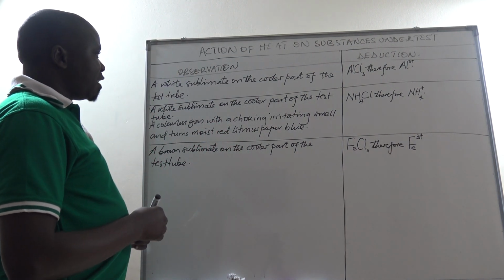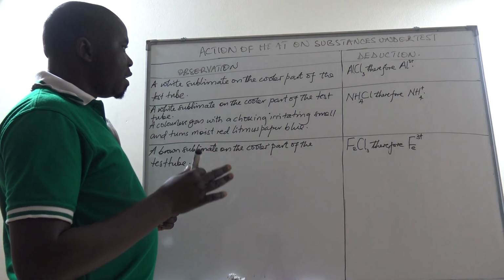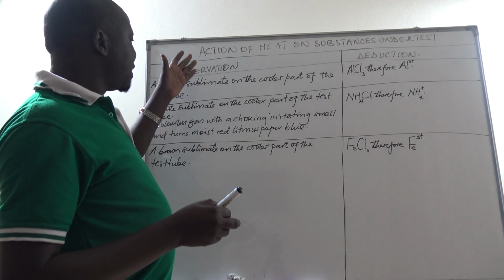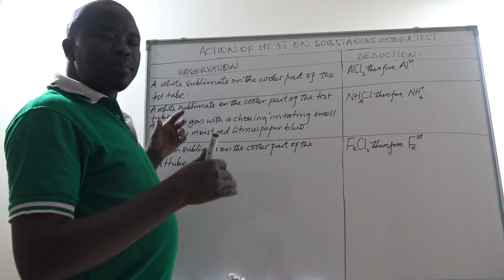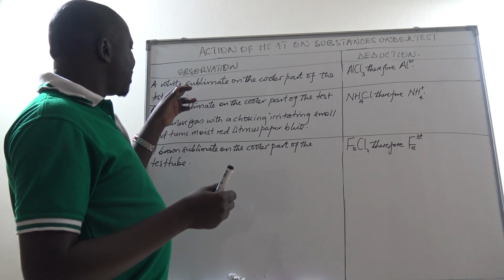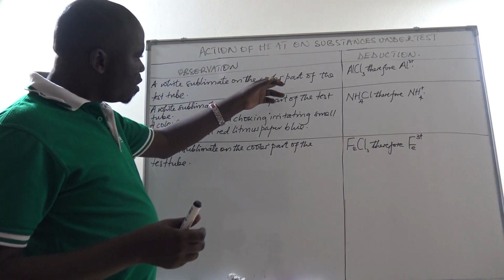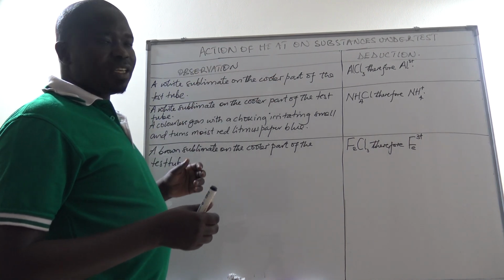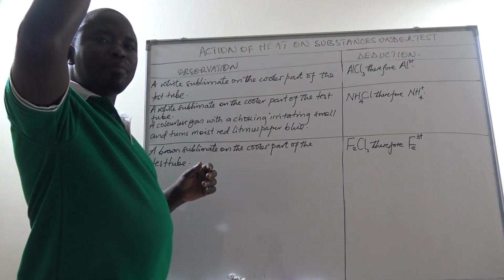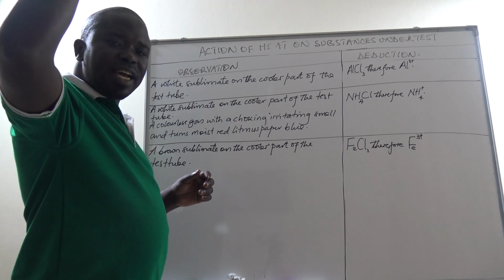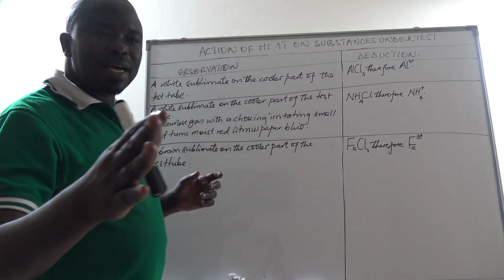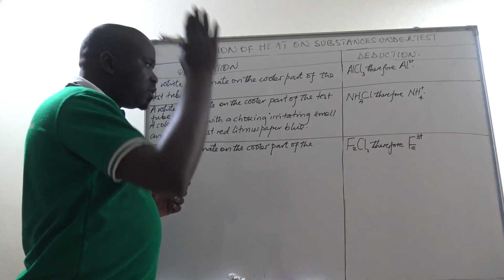So that is that with the observation made when we heat a substance and we are able to get a sublimate. A sublimate is got from the process of sublimation, whereby sublimation is the direct change from solid to gas, or from gas back to solid without passing through the liquid state. So we skip melting, we skip boiling, we skip condensation, we skip freezing, but just go from solid to gas, and on cooling from gas to solid.